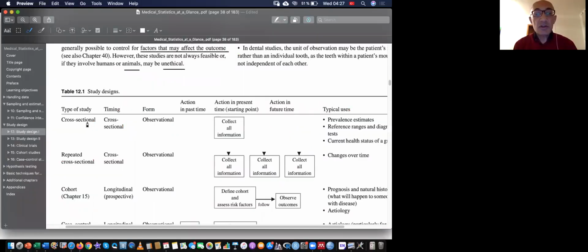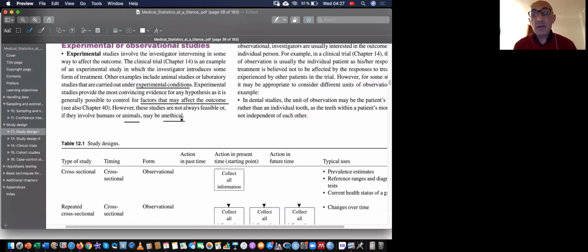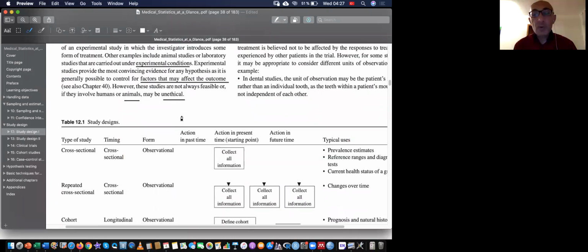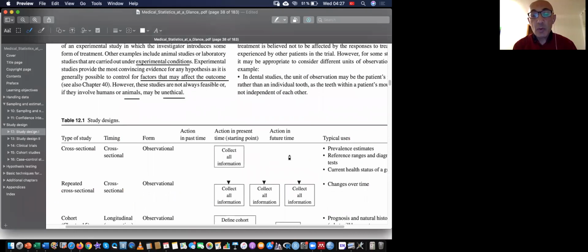What is a cross-sectional study? As you understand from the name, a cross-sectional study means you are looking for the prevalence of a condition in the population. You want to see a cross-section of the population.